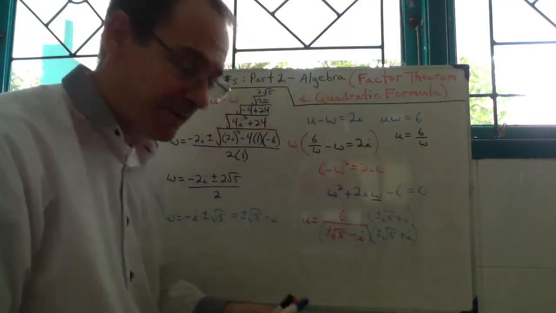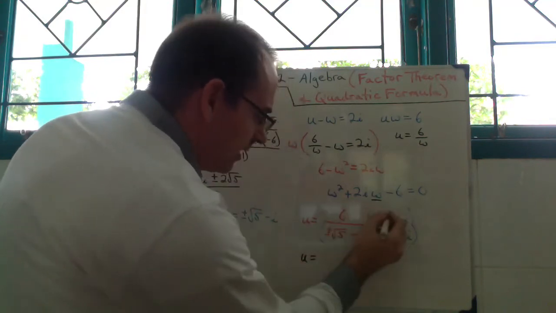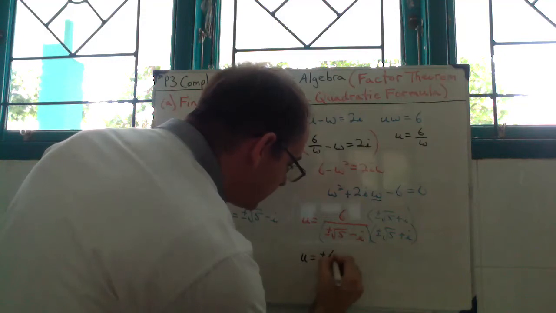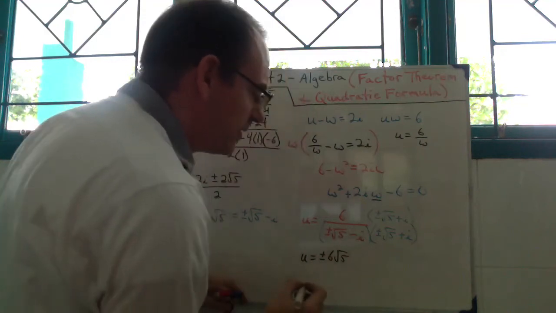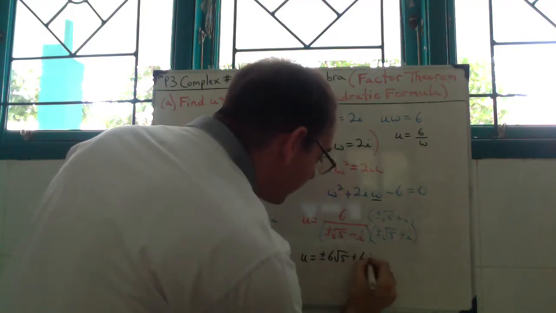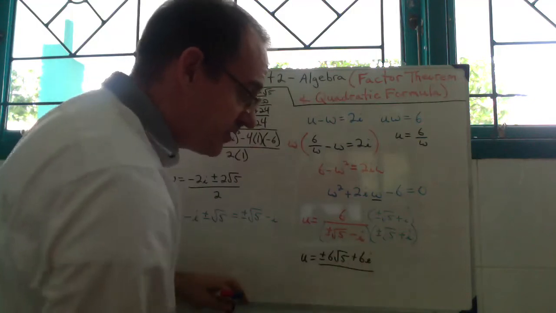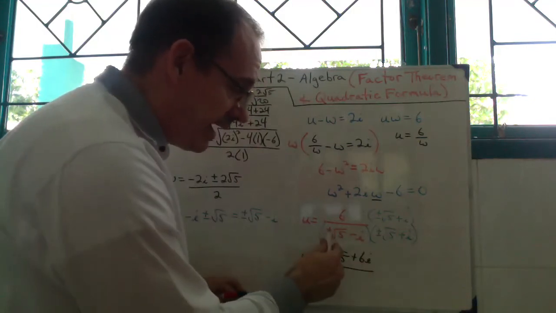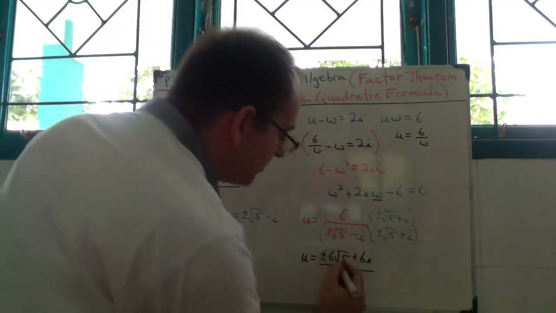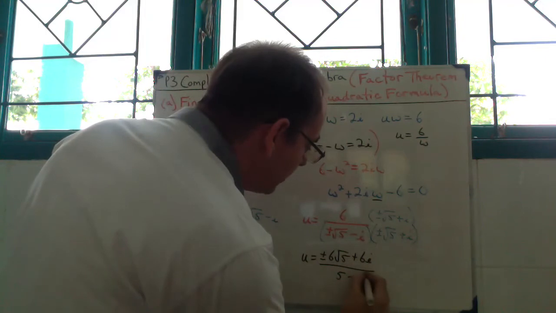And when we distribute that, we get u equals, here we have a plus or minus 6 root 5 plus 6i all over root 5 times root 5. It doesn't really matter whether it's positive times positive or negative times negative, it comes out as 5. And then the minus i squared.